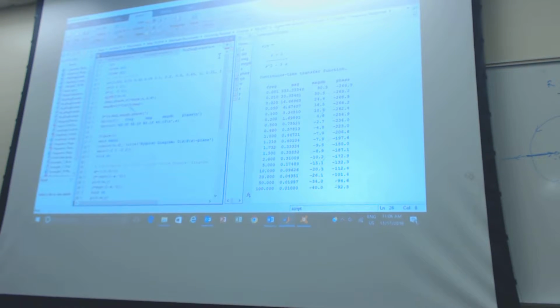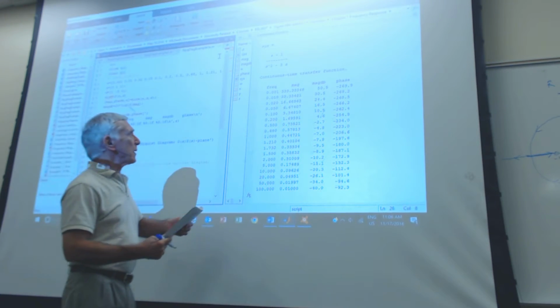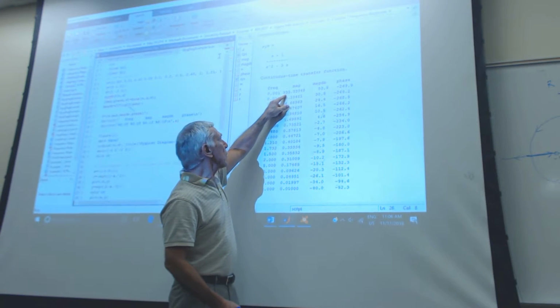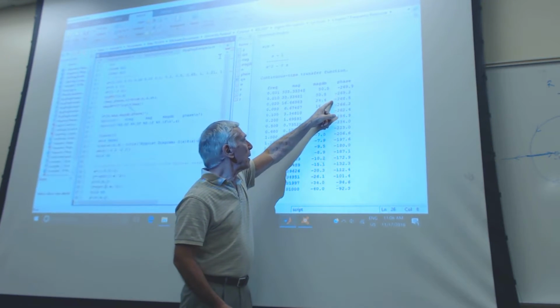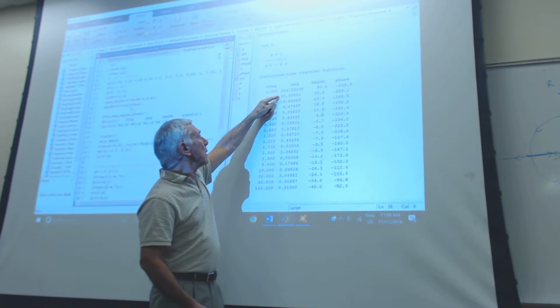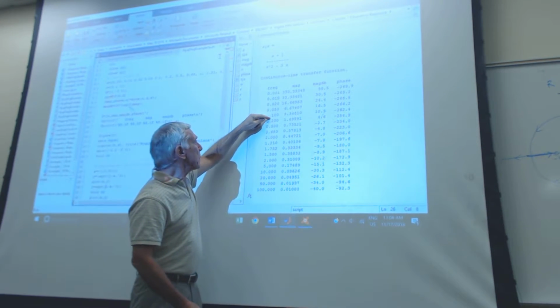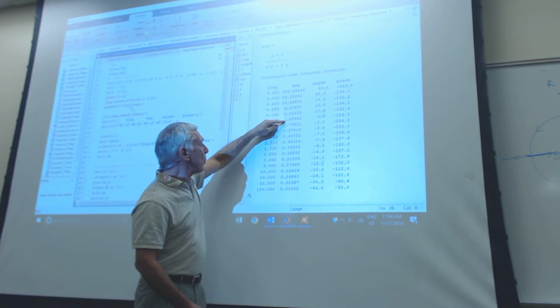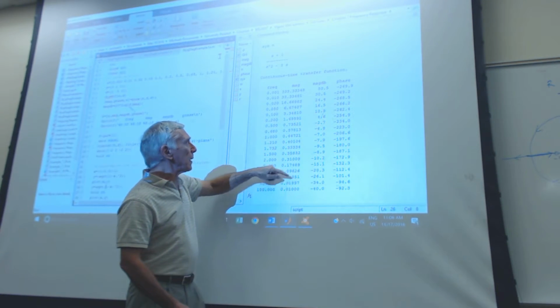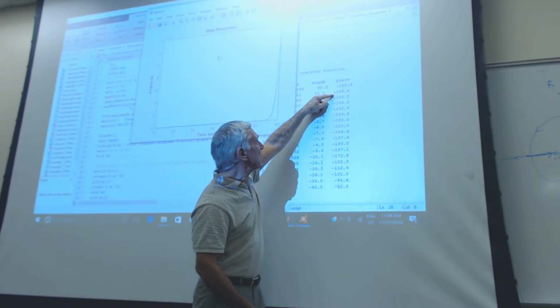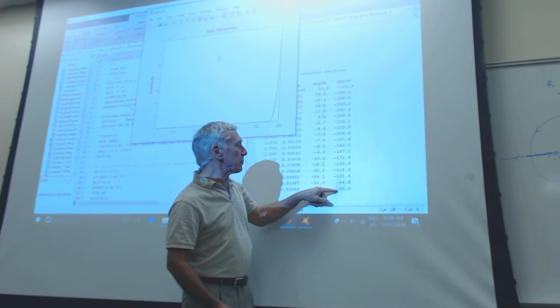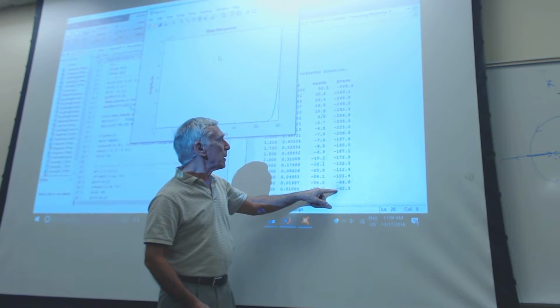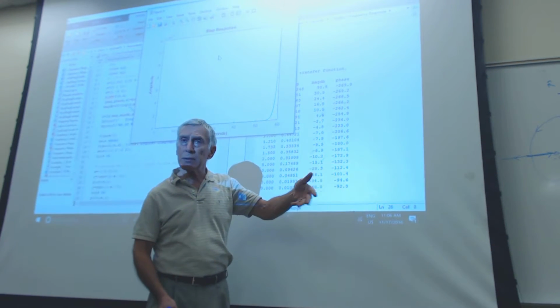Okay, so you see that at low frequencies, it's very large in magnitude, with a phase of minus 269. As the frequency increases, the magnitude is getting smaller and smaller. And the phase, notice that the phase is approaching minus 90 degrees, minus 92 degrees. In fact, minus 90 degrees it's approaching.